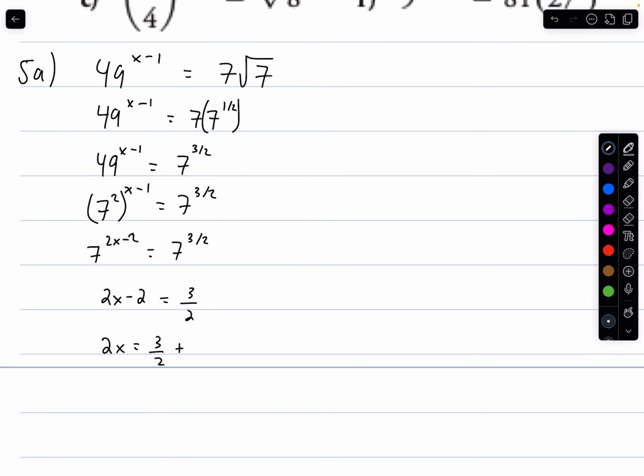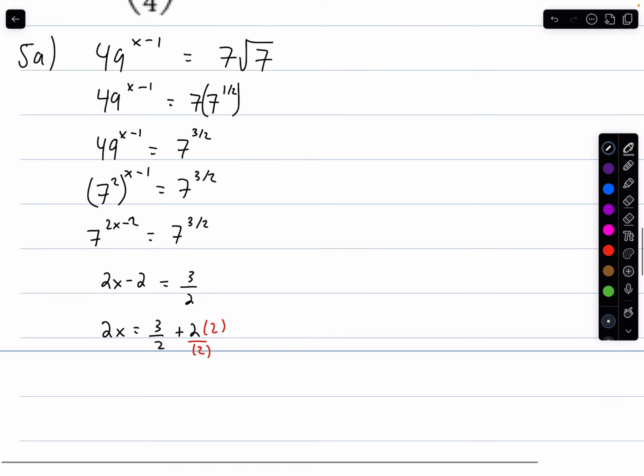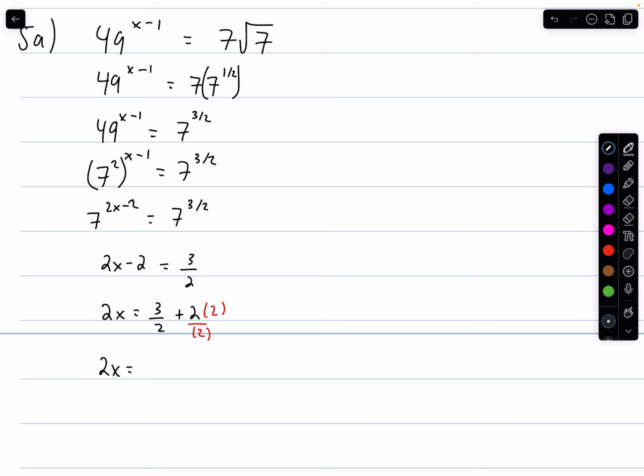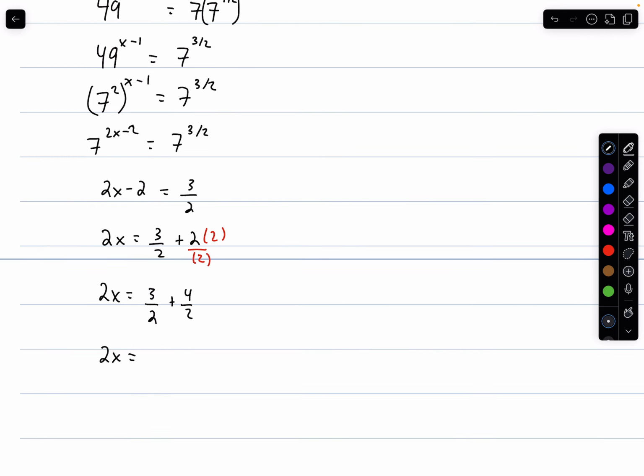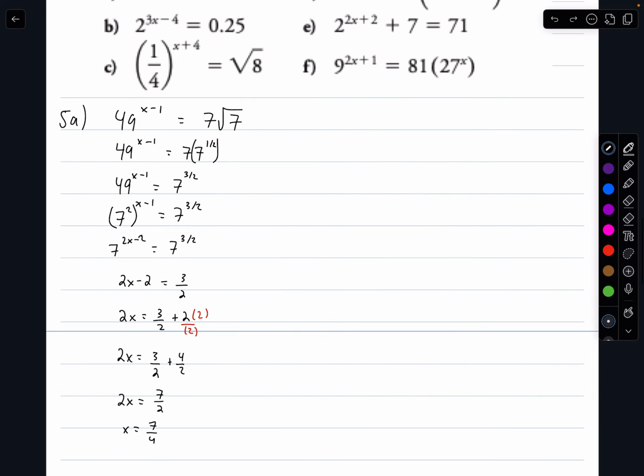And then obviously here, common denominator, multiply by 2 and 2. 3 over 2 plus 4 over 2. So you get 2x is equal to 7 over 2. X equals 7 over 4. That one was a little long, but I went through every single step.